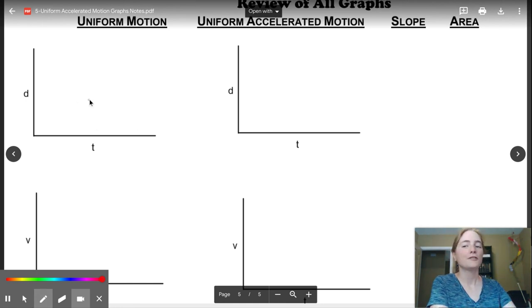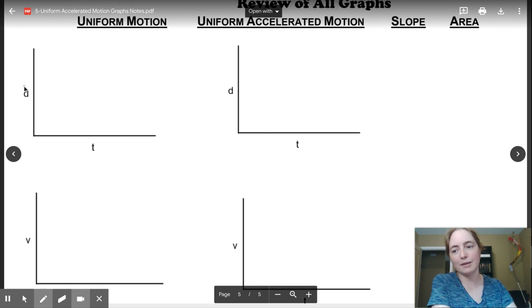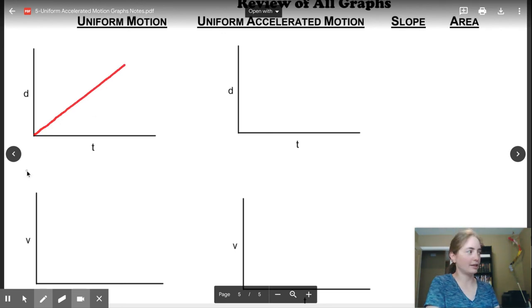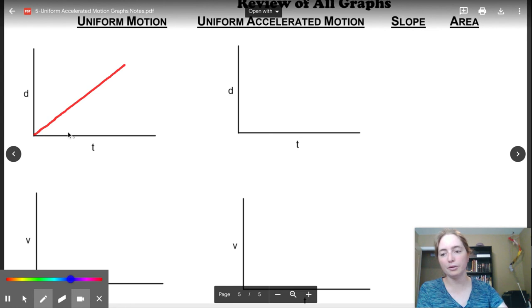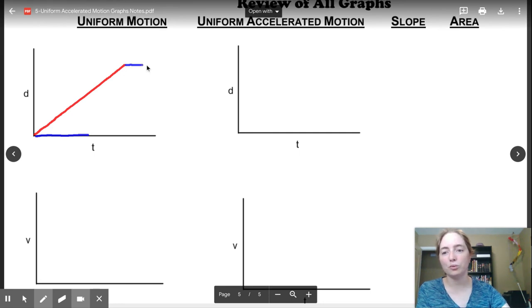Okay, guys. So for uniform motion, distance, time, velocity, or displacement time. Okay, you are going to see patterns that look like this. Okay, uniform motion on a distance time graph looks like this. I'm also going to draw a blue line here, and this blue line is going to show stationary. Okay, so then when you have these two things, this means when you're not moving.